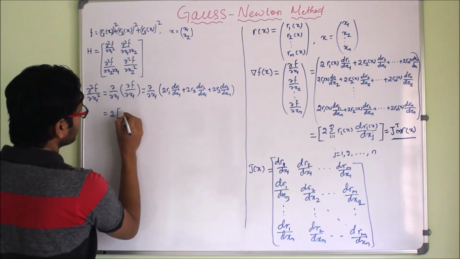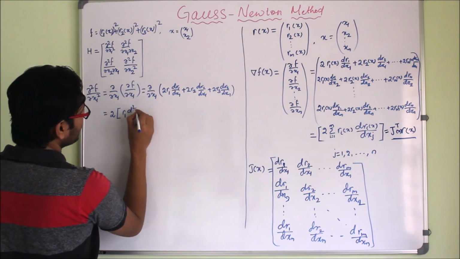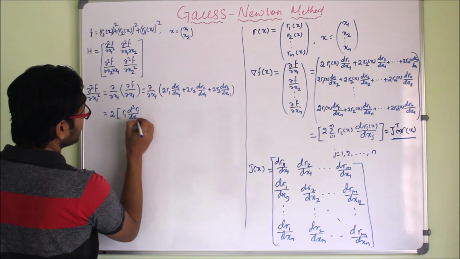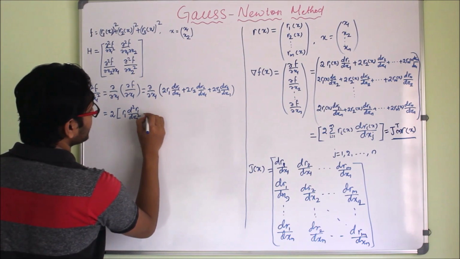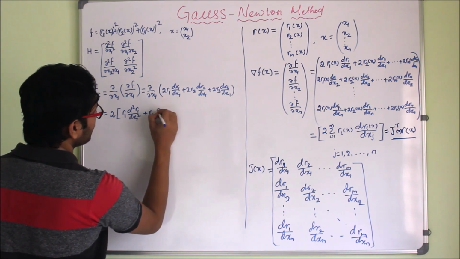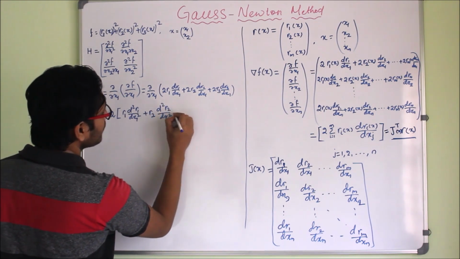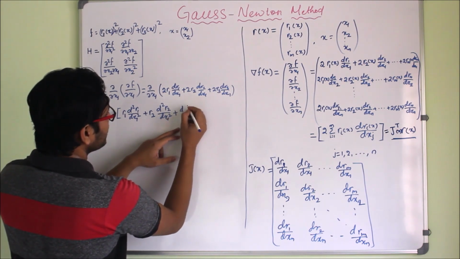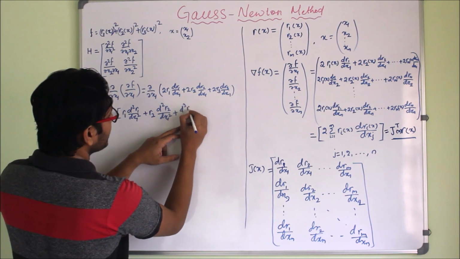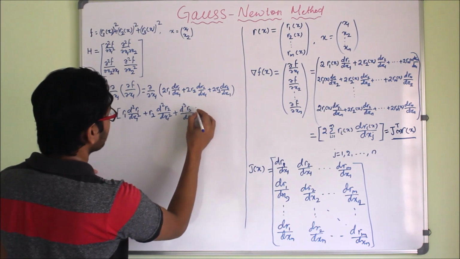It will be r1 d2r1/dx1 squared plus r2 d2r2/dx1 squared plus r3 d2r3/dx1 squared.